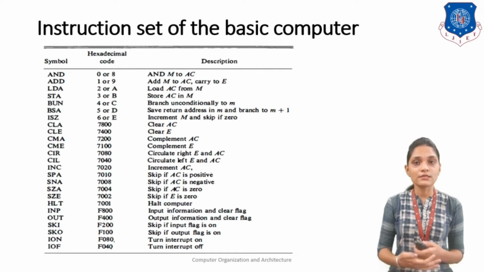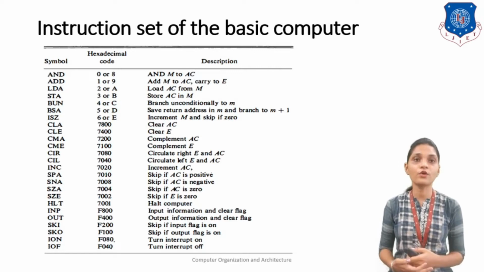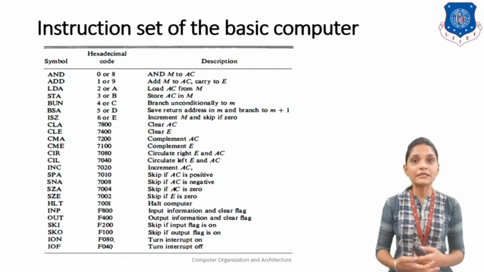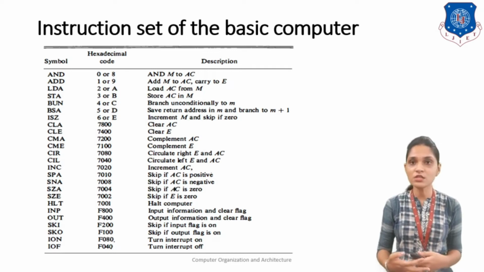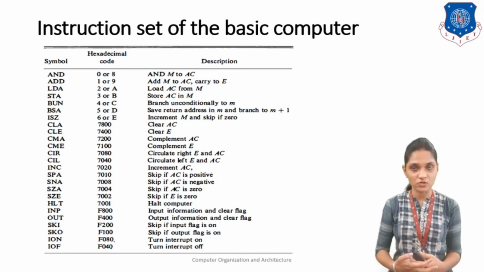So, this is the instruction set that we are going to use for our programming. It includes a total of 25 instructions, which we have already learned. These are memory reference instructions, non-memory reference instructions, and IO reference instructions.